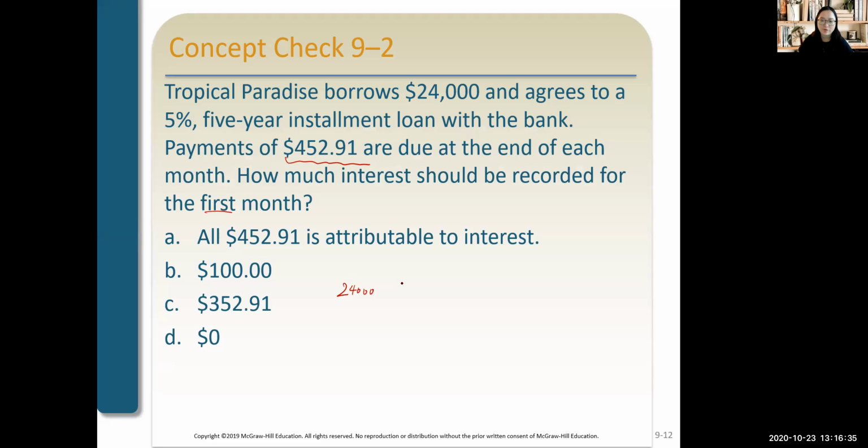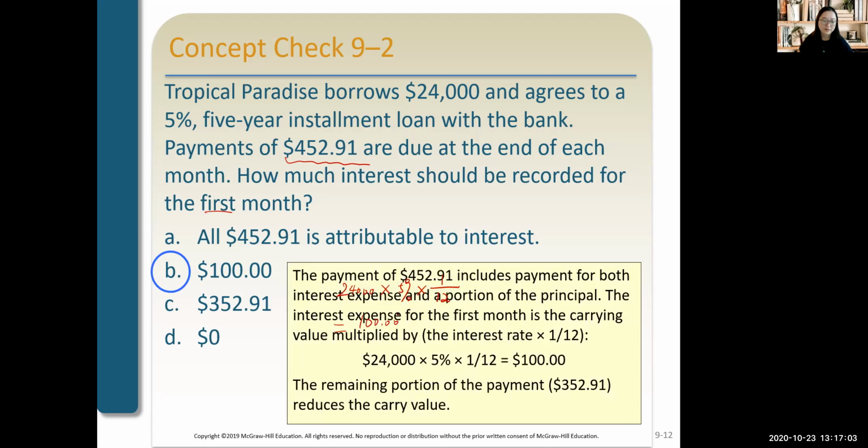And then we multiply by 5% annually, and then multiply by 1/12, right? Because it's monthly. Hence we're getting $100 here, right? So the payment, yes.